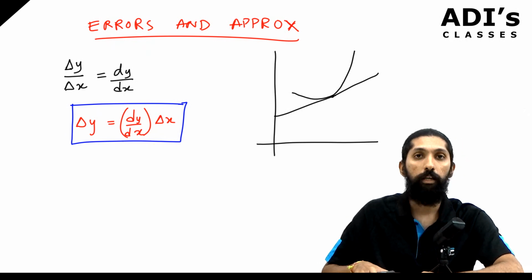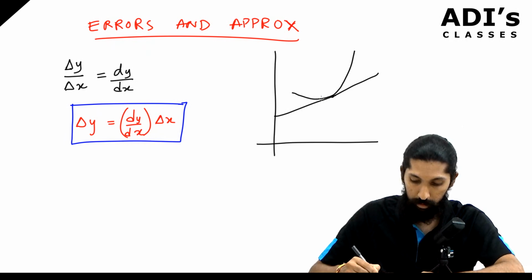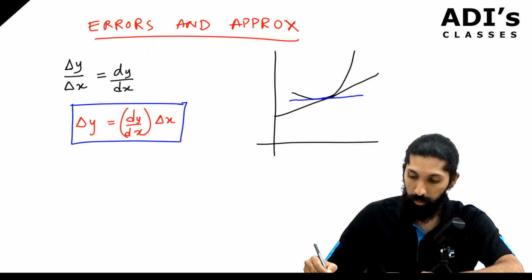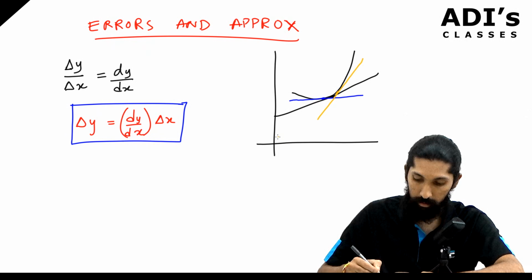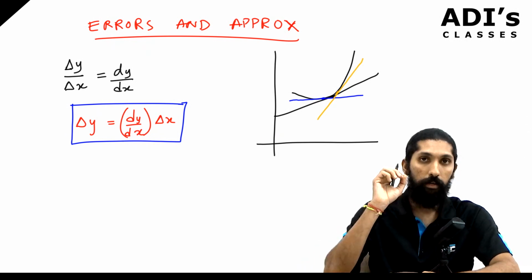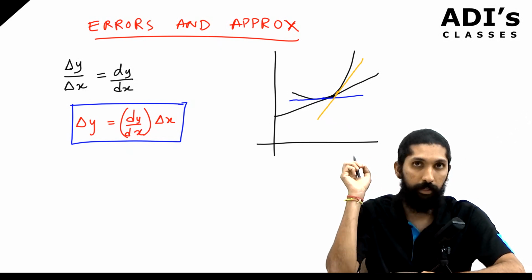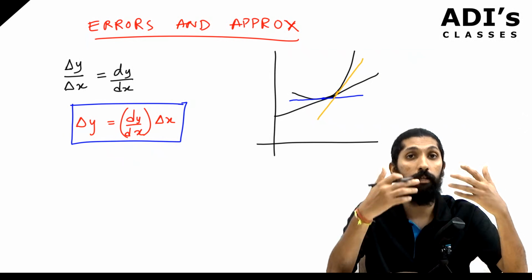To get to this point, you can draw a tangent like this, or you can take another point somewhere over here and draw a tangent like this. Whatever it is, there is some sort of an error here. The actual value is different from the value we are getting.